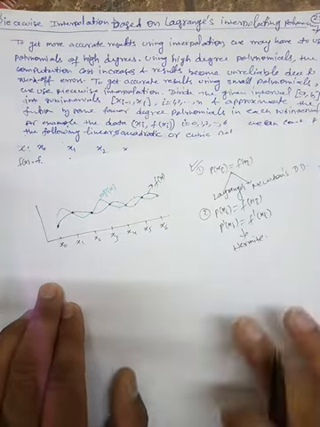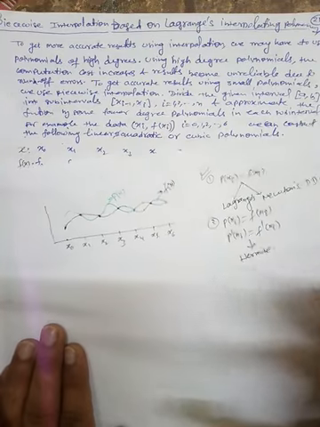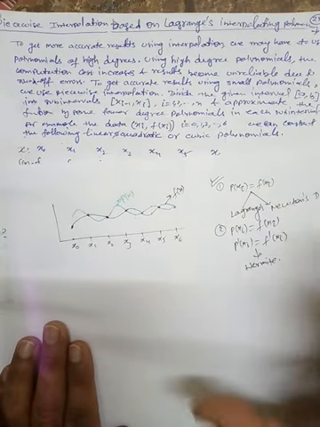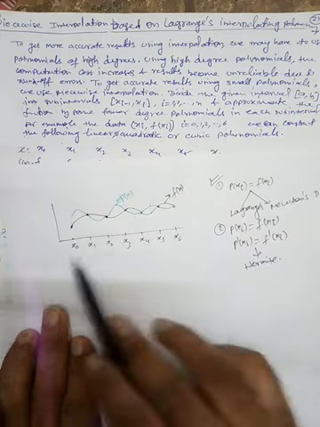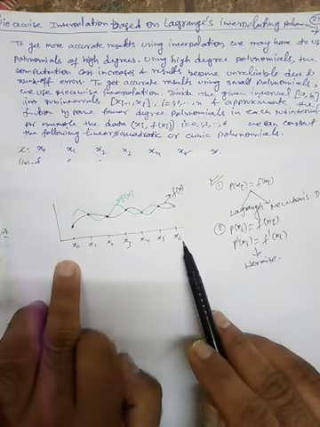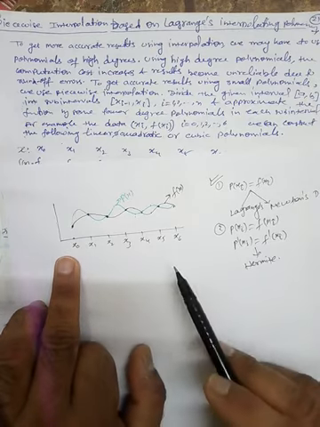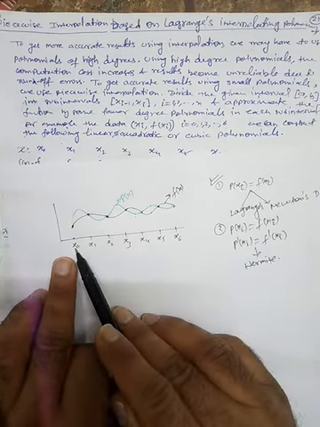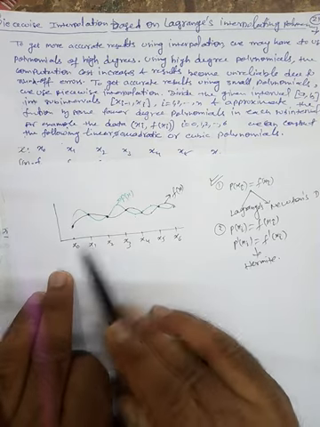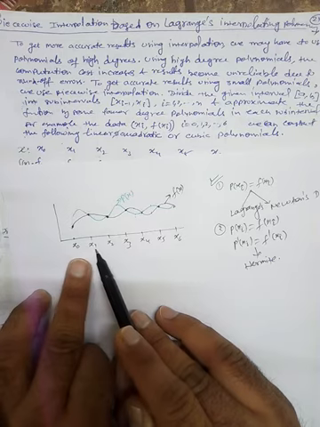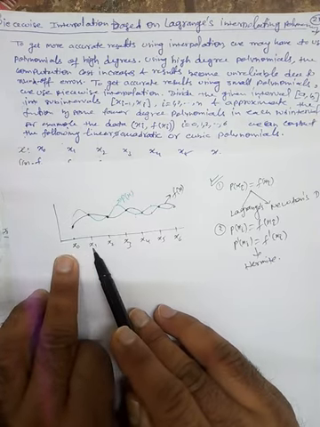Now what is our target? The target is to reduce the error, and we can achieve this by not fitting the polynomial in the entire interval. Rather, we can fit the polynomial in subintervals. For example, in the interval x0 to x1 we have only two data points, so we can fit a linear polynomial here.